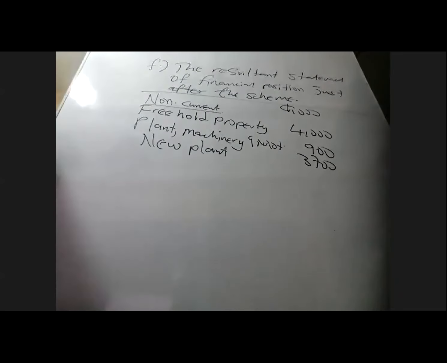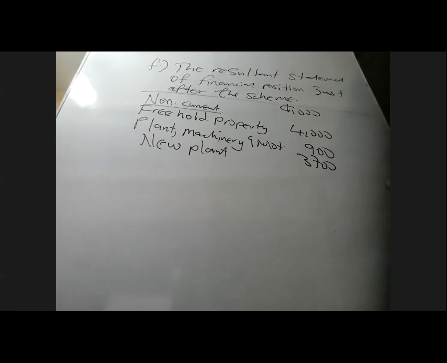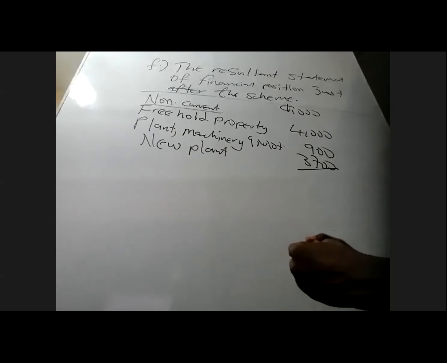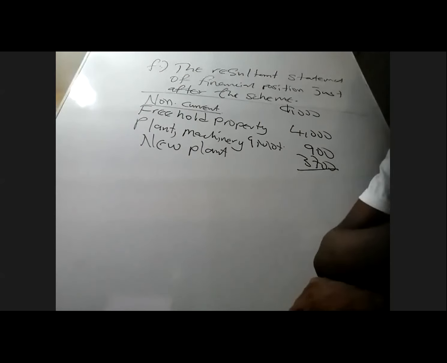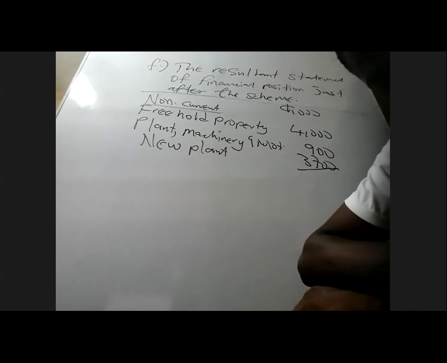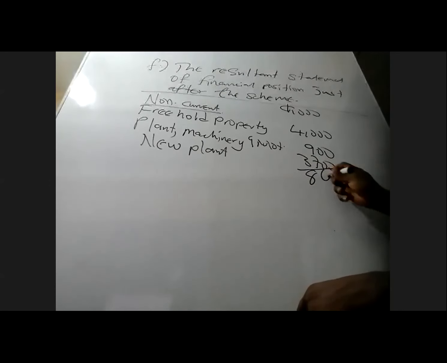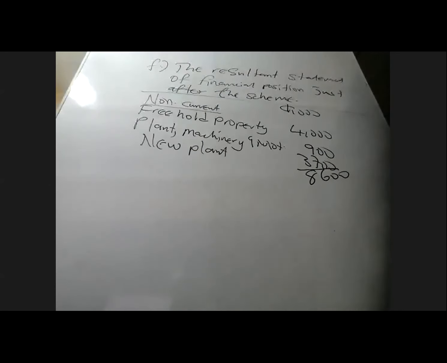Does someone have a question? Good. This is what you get if you put all together, the total non-current assets. Okay, there's no question. Good. 8,600. Perfect. So 8,600.